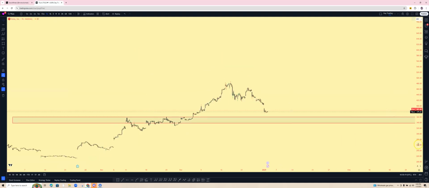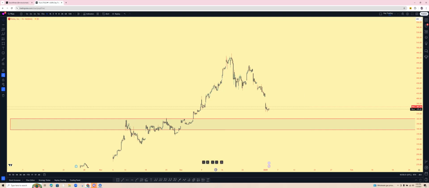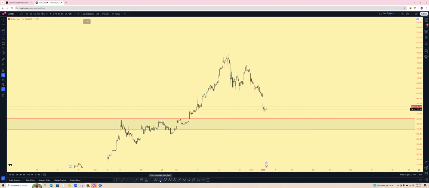Now we can see the individual waves. For Tesla on the 1 hour, we have a wave A, B. It was supposed to stop here, on the 236 level, as I mentioned, but it didn't.